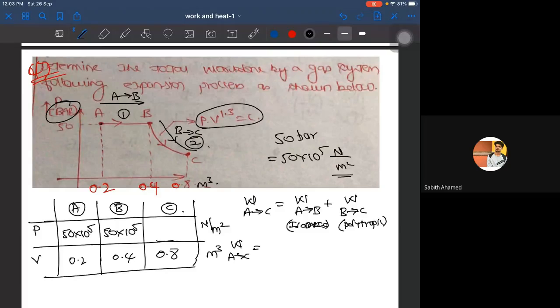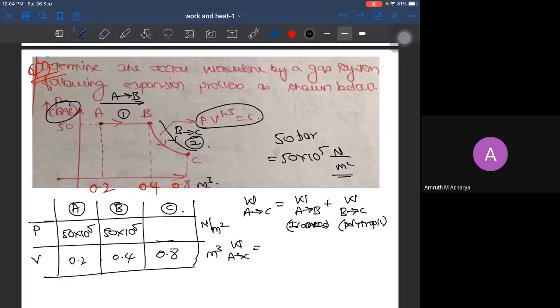Now, work done from A to C is equal to, now see how we'll be interpreting the formulas. What is the work done from A to B, which is isobaric? P into V2 minus V1.